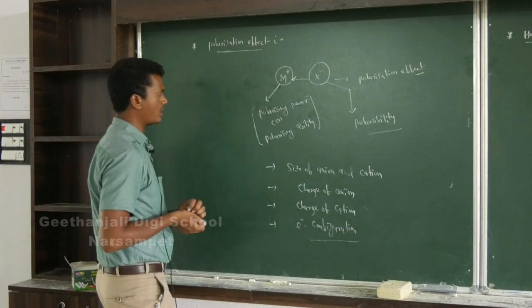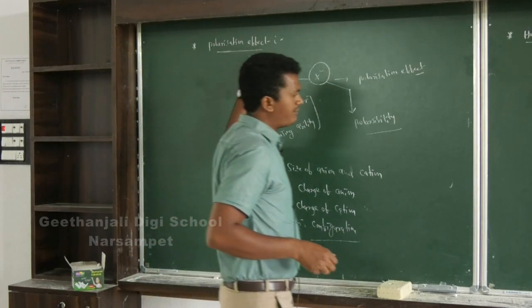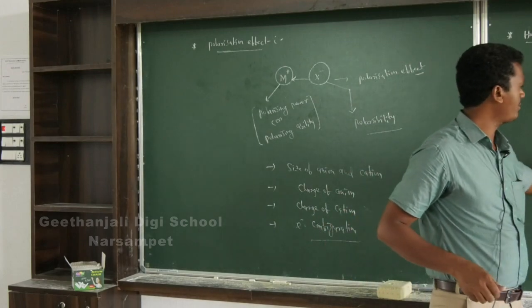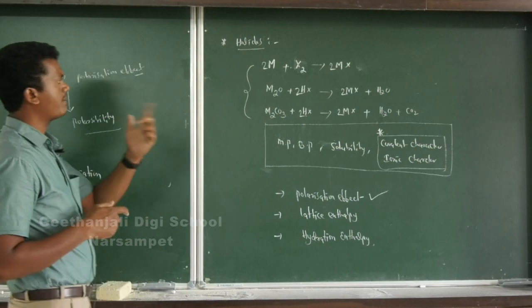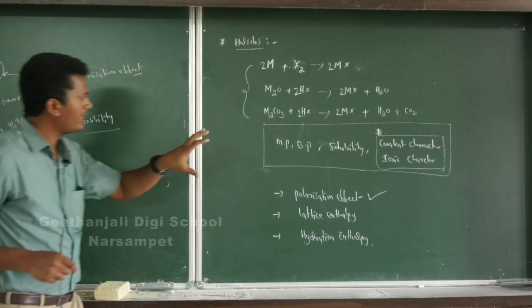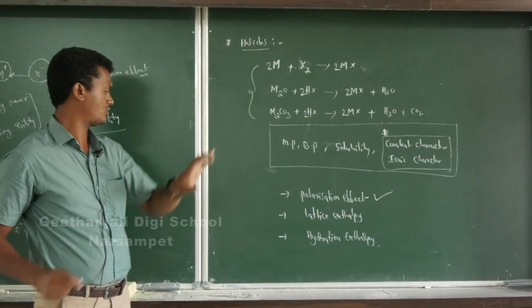As I told you just now, this polarization effect affects the melting point, boiling point, solubility, covalent character and ionic character of the MX type of halides. How it affects these properties is the question now.